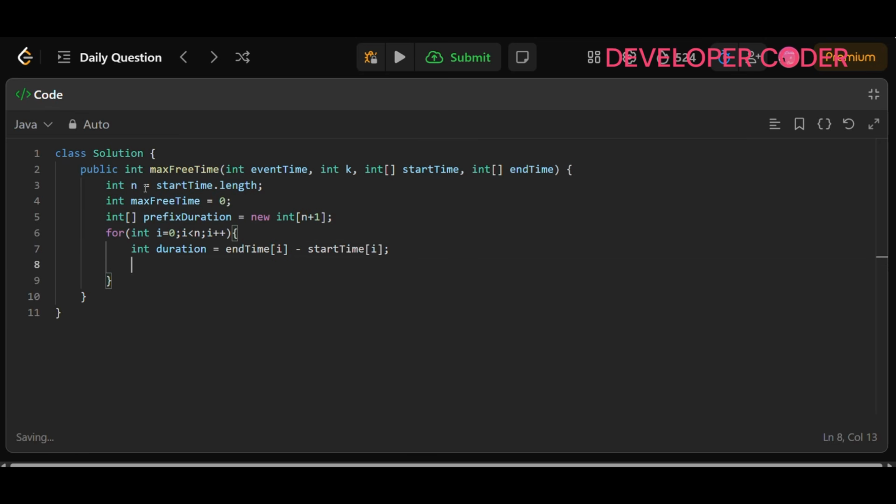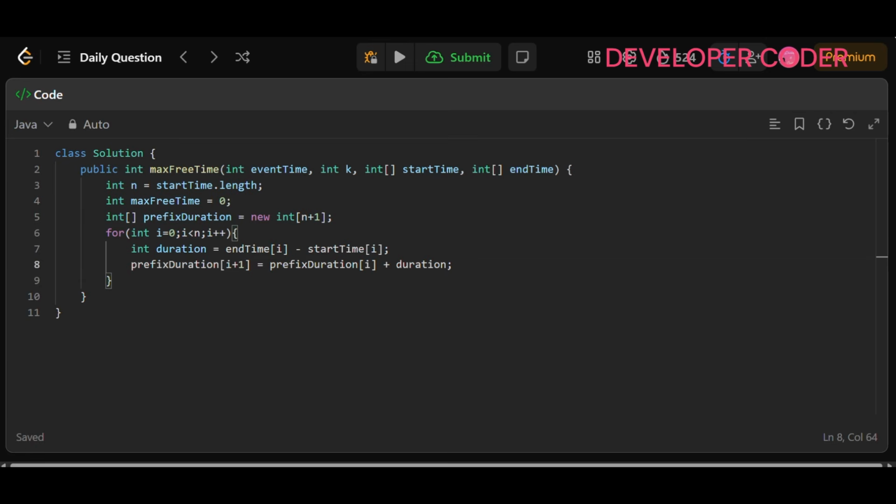Now how are we going to calculate the prefix duration of i plus 1? I'm just going to copy the prefix duration of i, the previous one, plus the duration of the current one. In this way we are just going to update the duration. Okay, done. So we have computed the prefix sum of durations of meetings.